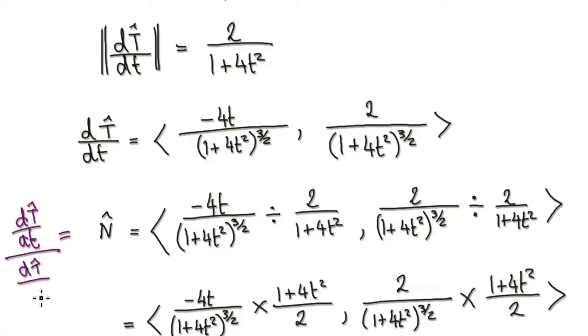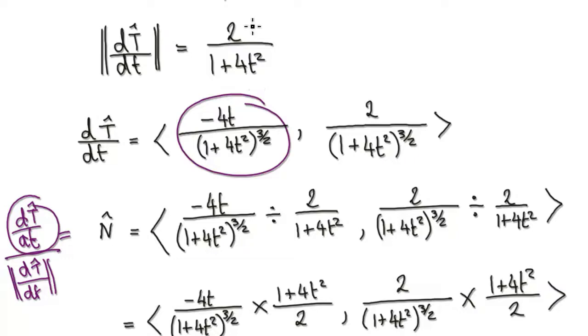This thing here would be this, the magnitude here would be this, so now we need to get this divided by this.